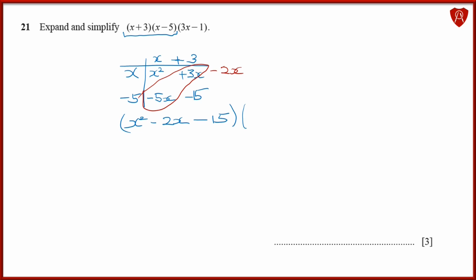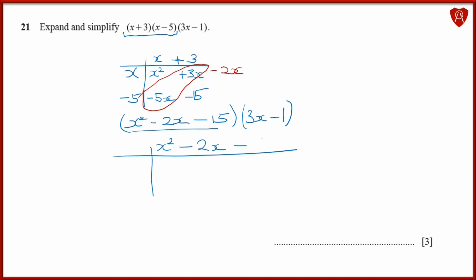We bring down the third bracket here, and again we expand. Put the first bracket, this one here, on top, and then we put this one here vertically. This slot here is 3x cubed. Second slot is negative 6x squared.